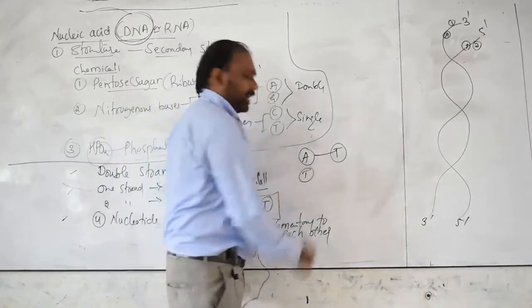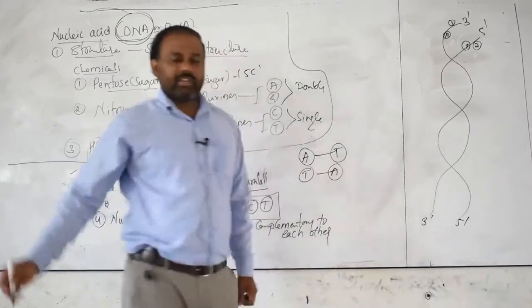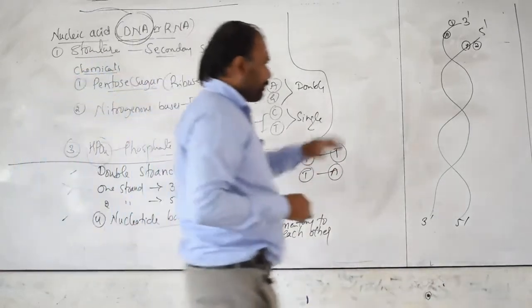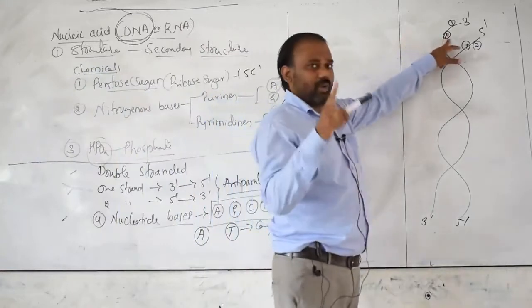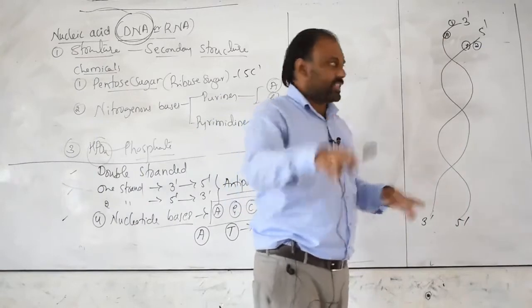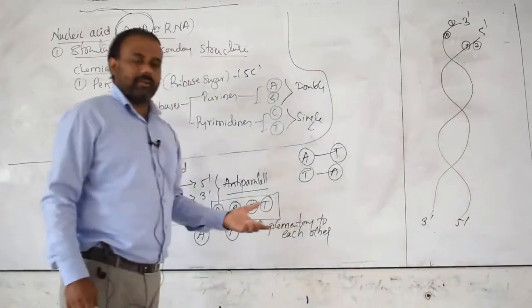If I write thymine, you must remember there must be an adenine. A better way to say it: if A is present in one strand, I can predict T must be present in the opposite strand. Hence it is called a complementary strand.